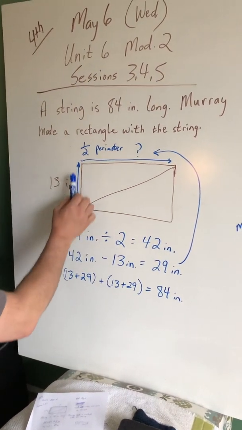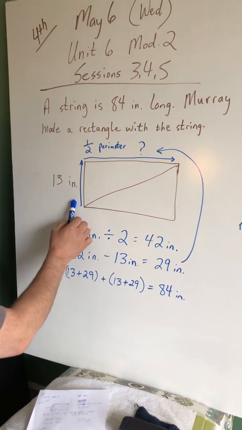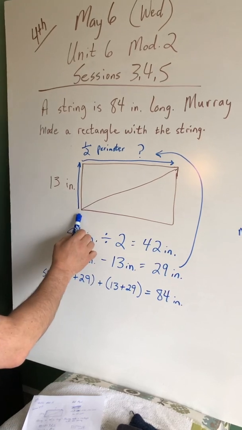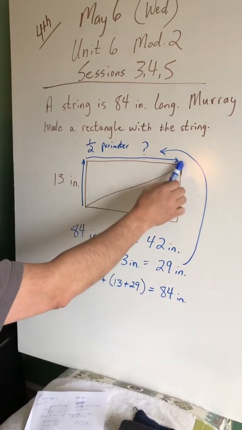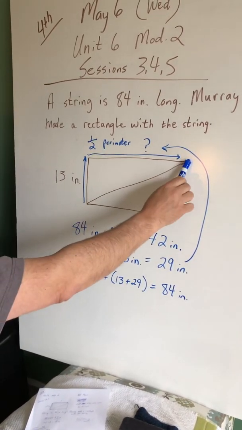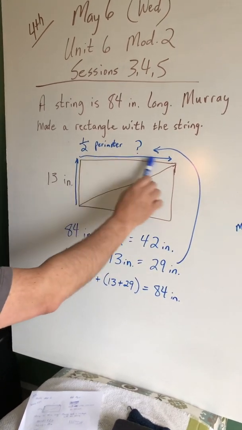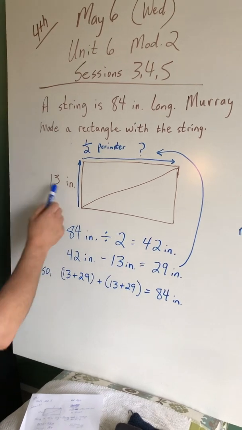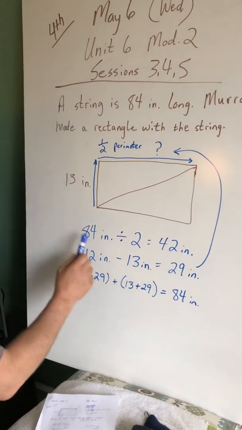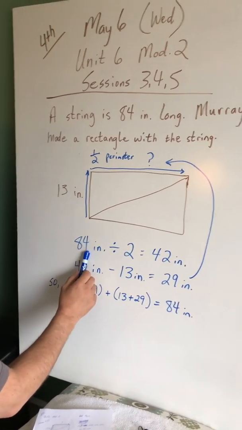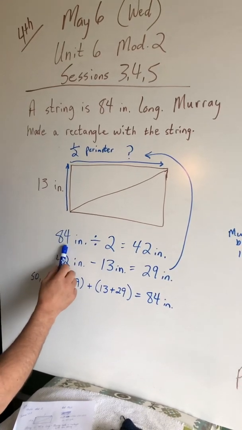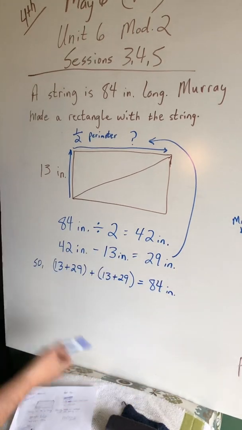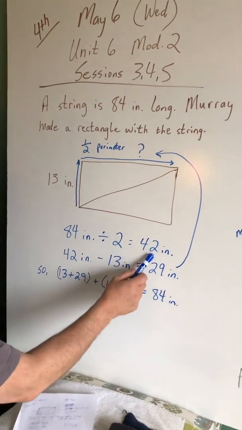If we know one side is 13 inches, okay, and Bridges cut this in half, so this plus this is half of the perimeter. From this point around to here, I think you would agree is half the perimeter. And we know this is 13, and we know the total is 84 inches. So if we take the total 84 inches and divide it by 2, which cuts it in half, we have 42 inches.